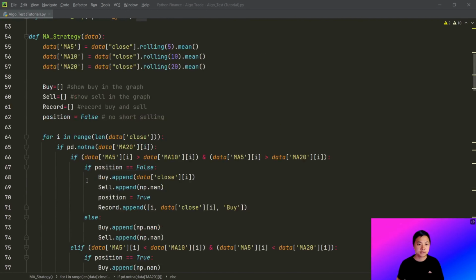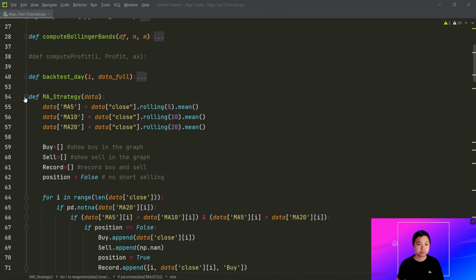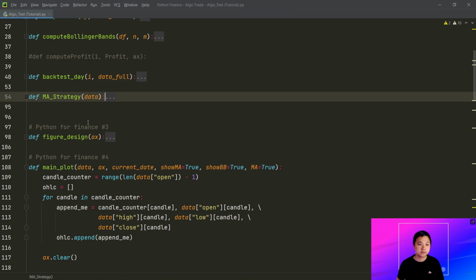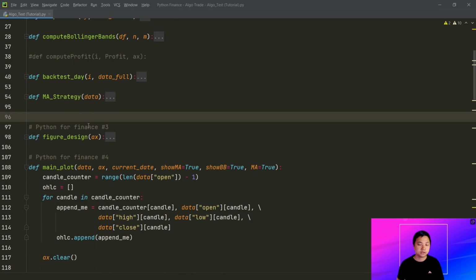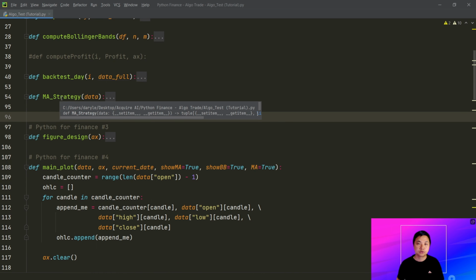The next thing that I need to do is to bring these strategies back to the main part.